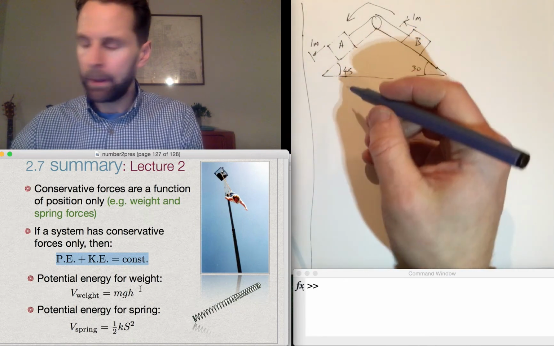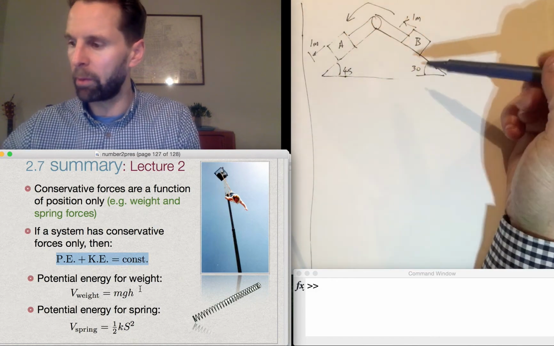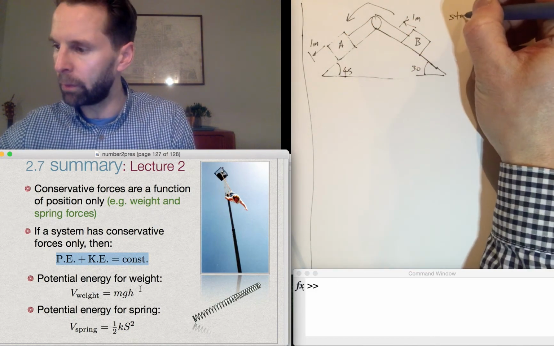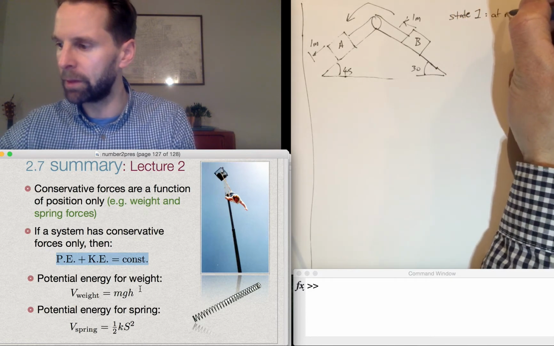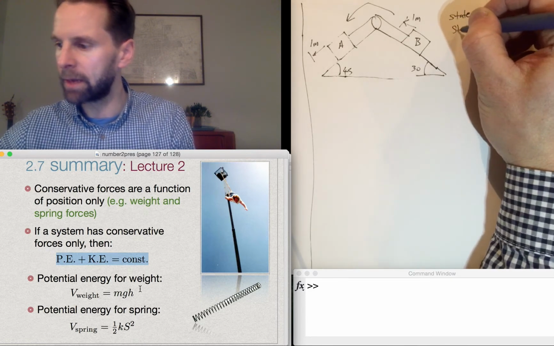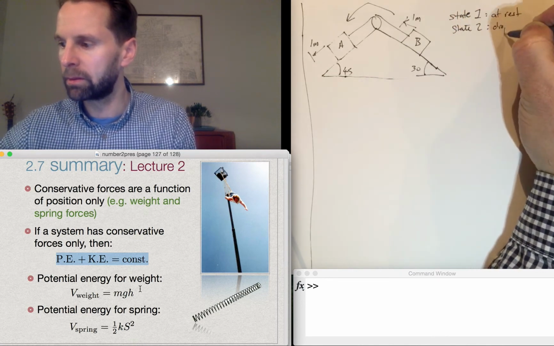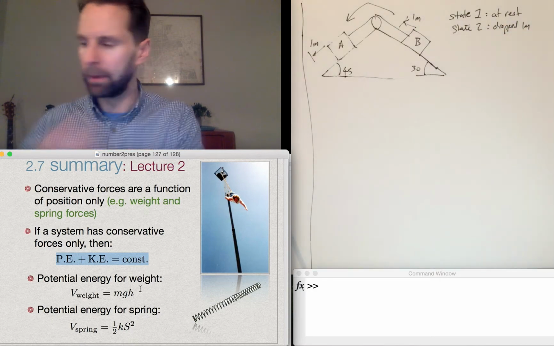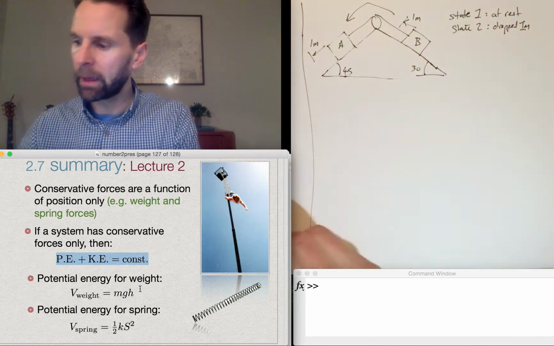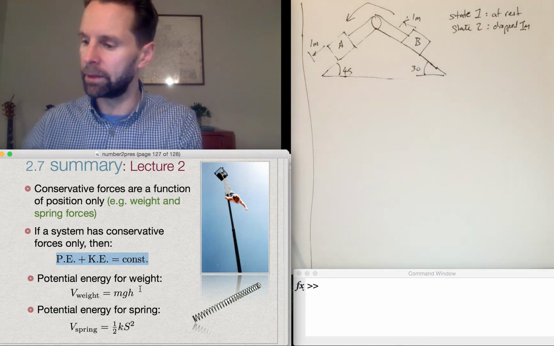Before I write down that expression for this problem, let's define two states. State 1, at rest, so the initial state, and then state 2, where it's dropped 1 meter. Well, it's slid 1 meter really. And that's where we want to evaluate the kinetic energy.